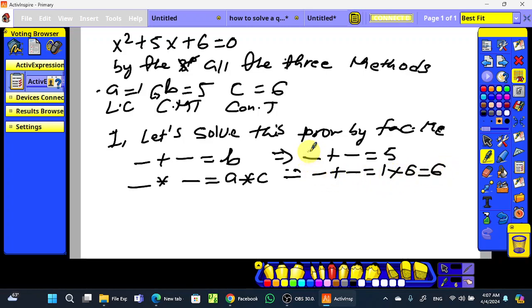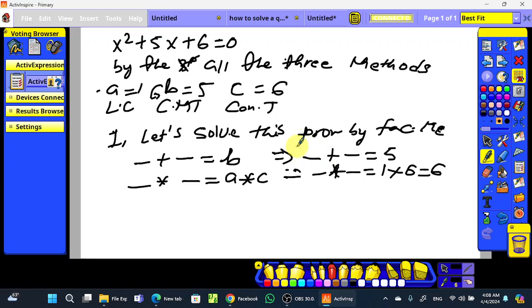So what numbers add up to become 5, and what numbers multiply to become 6?